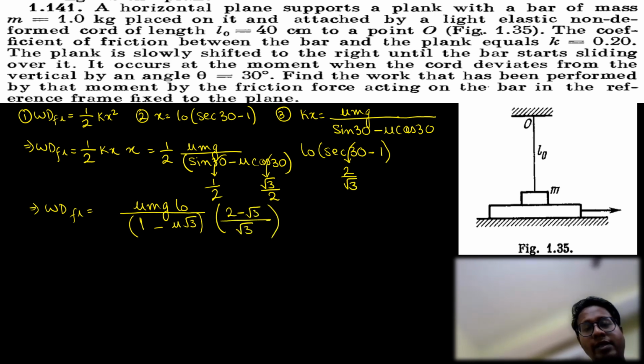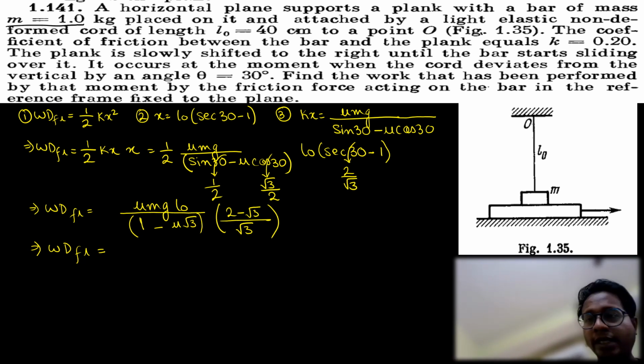The value of mu in the question is given as 0.2. Work done by friction force is equal to mass, which is given as 1 kg. Mu is given as 0.2.